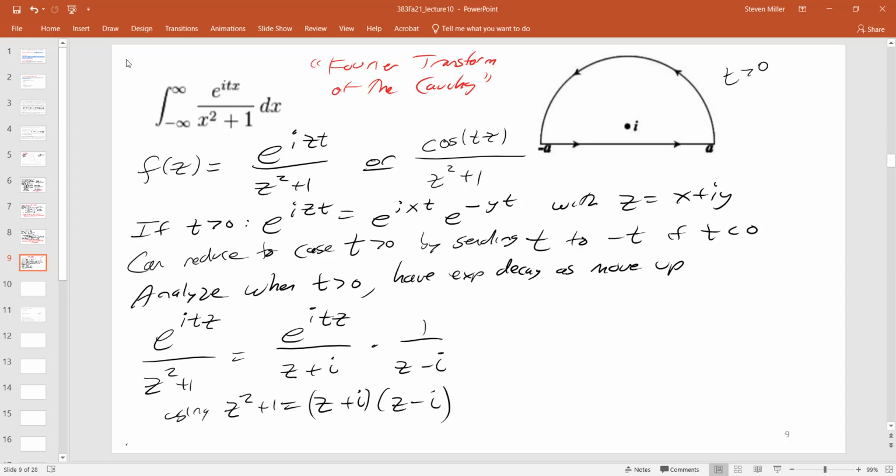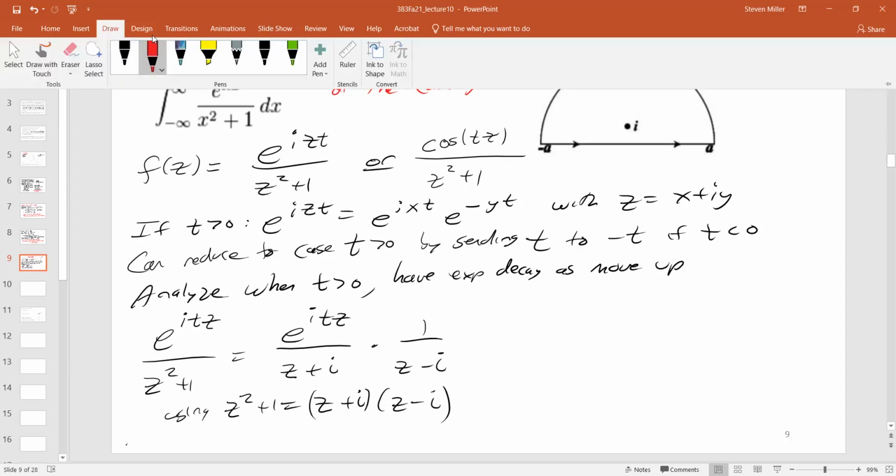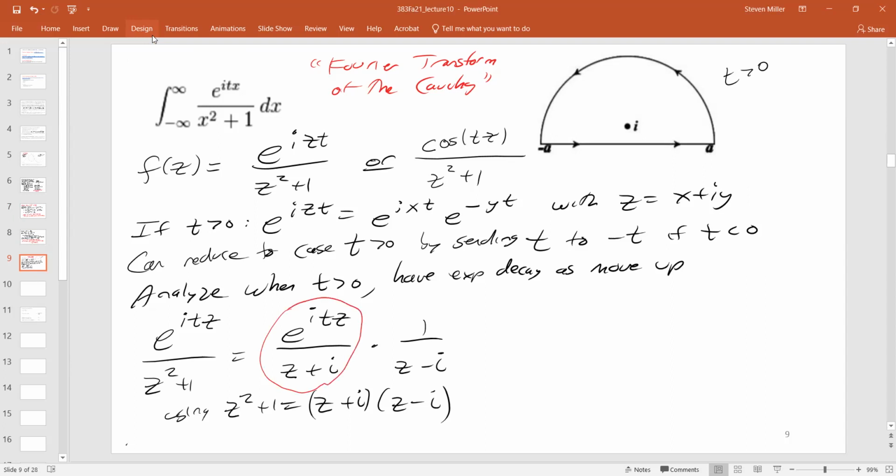This is the simplest situation we can be in. The reason is that for 1 over z minus i, we only care about the negative first term in the Taylor expansion. If you look at e to the i t z over z plus i, this is holomorphic near z equals i.